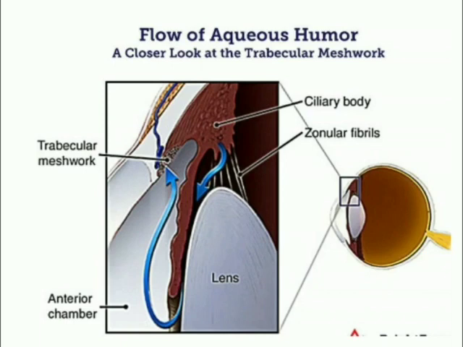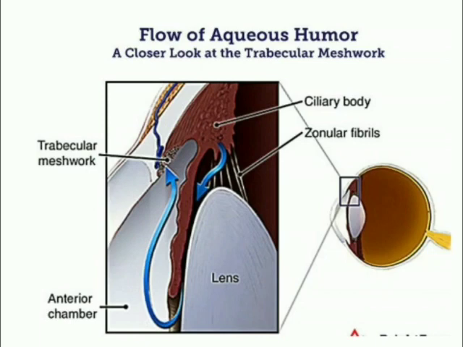The aqueous humor is produced by the ciliary processes present within the ciliary body. It is secreted in the posterior chamber, and further, the aqueous humor is circulated to the anterior chamber. From there, the aqueous humor is drained via the anterior chamber angle structures.